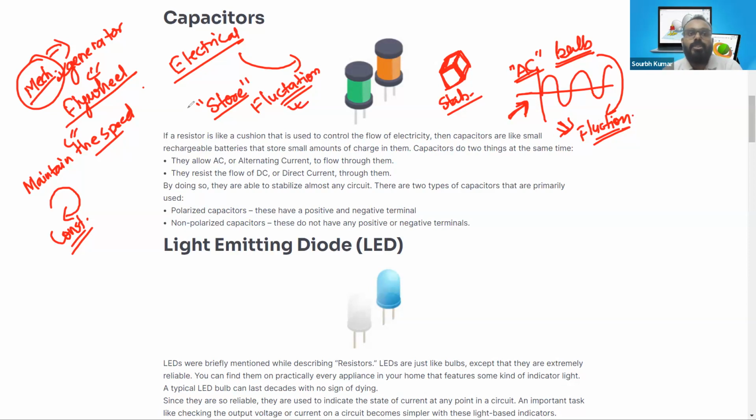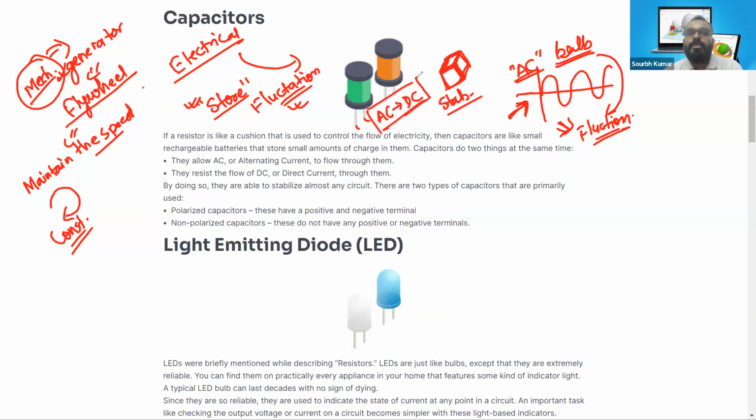The use of a capacitor is to store electricity in the circuit itself, and also, because we have various kinds of capacitors, we can generate the polarity while converting AC to DC voltage or DC current.